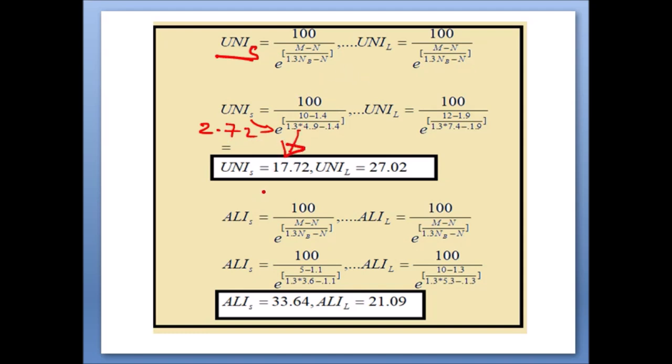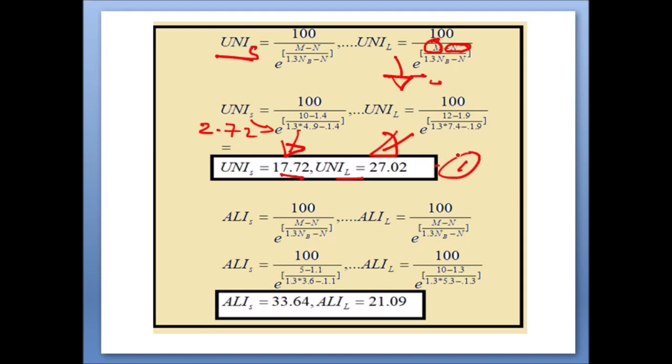After calculating you get around 17.72. Similarly for unevenness index over long chord, substituting the tabulated M and N values, with e equal to 2.72, you get 27.02. So this is the short chord unevenness index, and this is the long chord unevenness index.